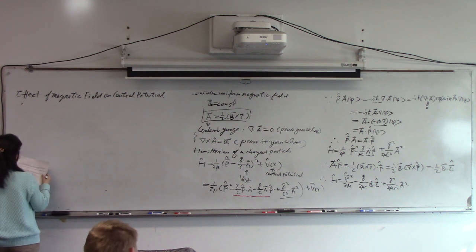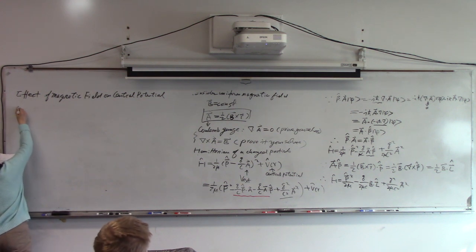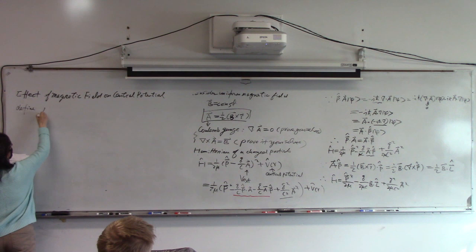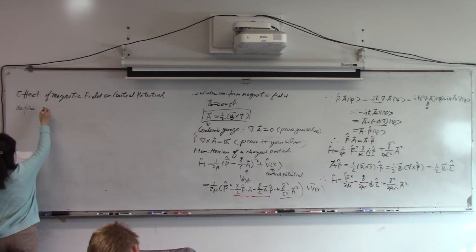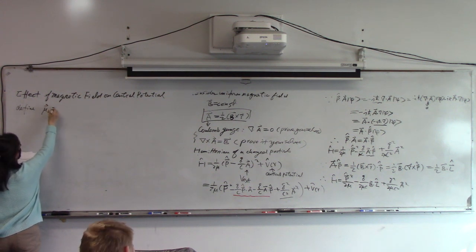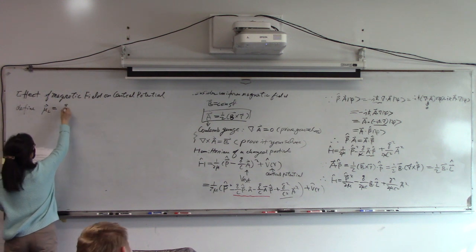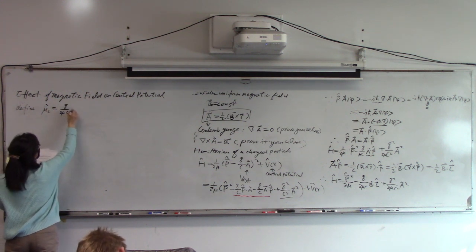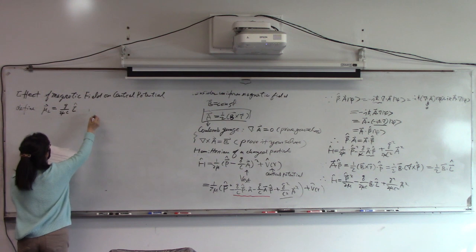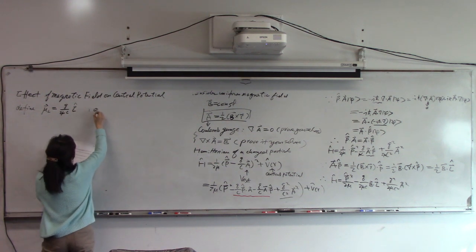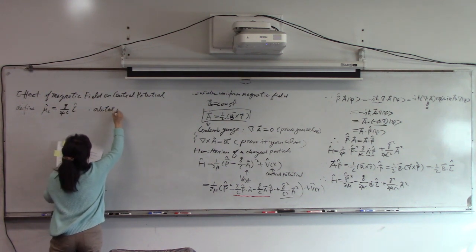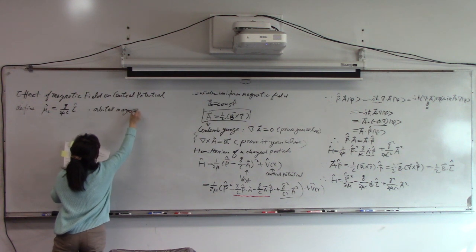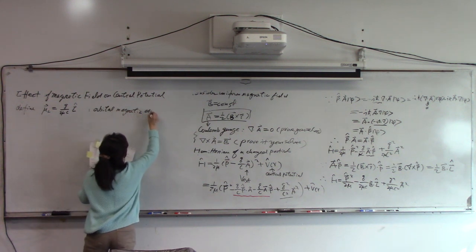So here we define mu L. Here it is a vector, right? And actually it's an operator since L is an operator. We call this the orbital magnetic dipole moment.